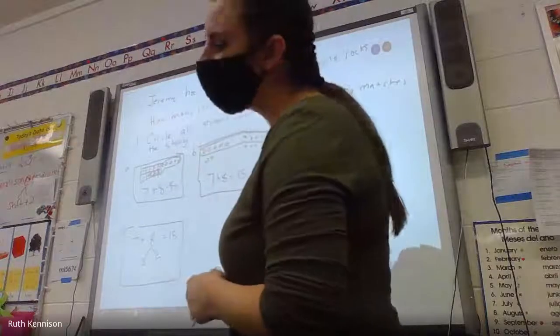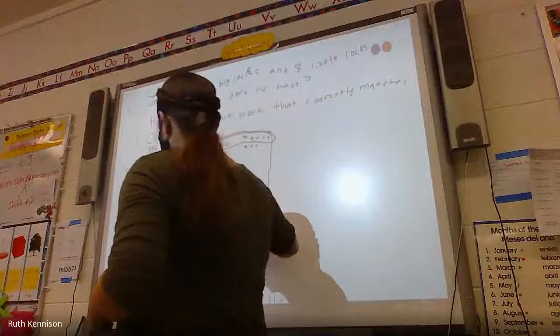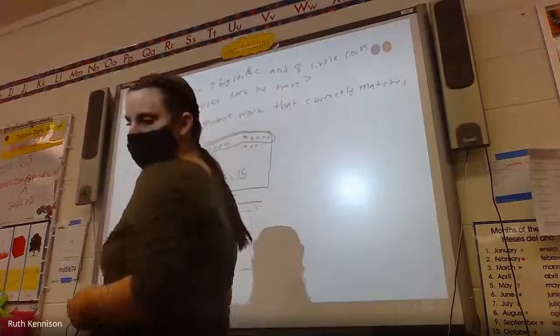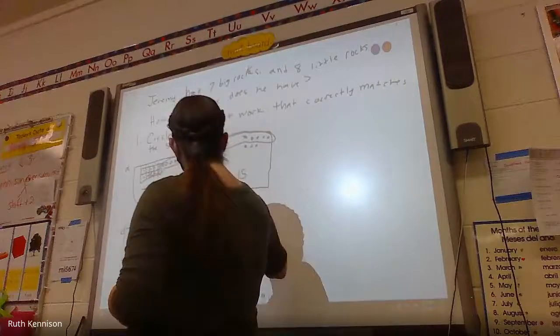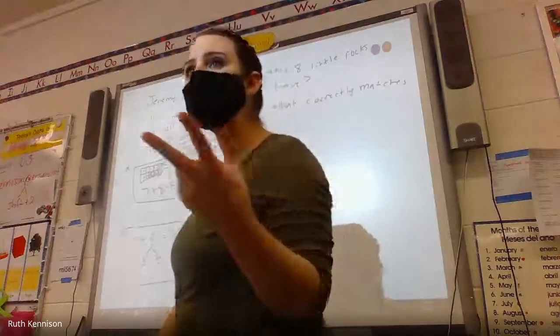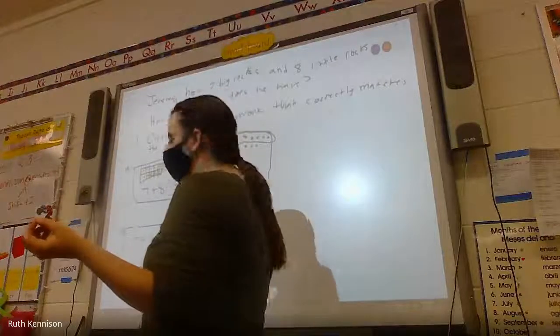All right, the next one that they had under here is E, right? And that goes 7 plus 8. What they did is they said we're going to add 2 to 8, right? Because 2 plus 8 is 10.